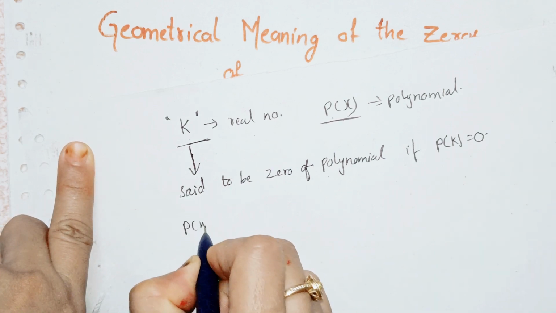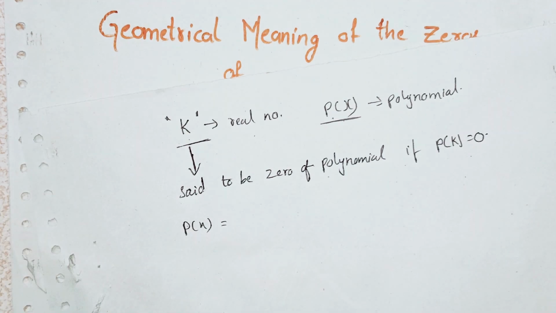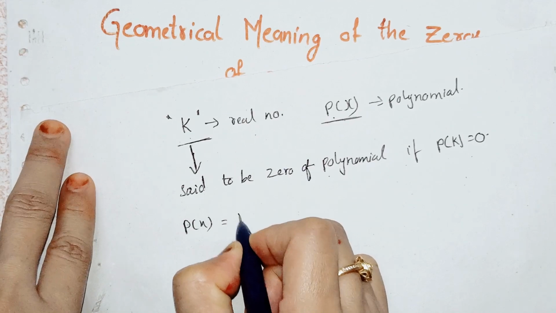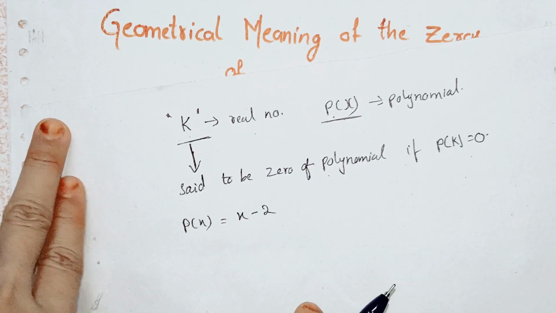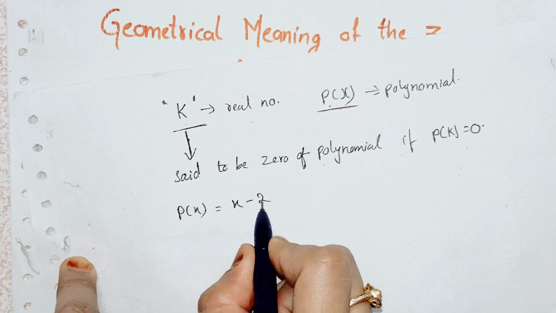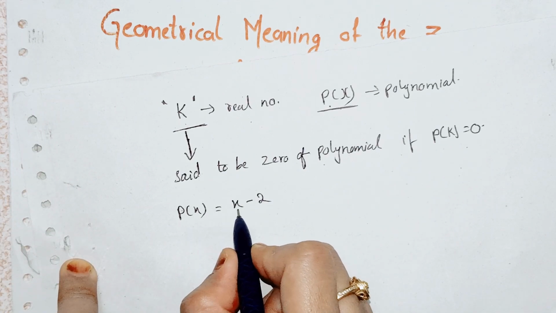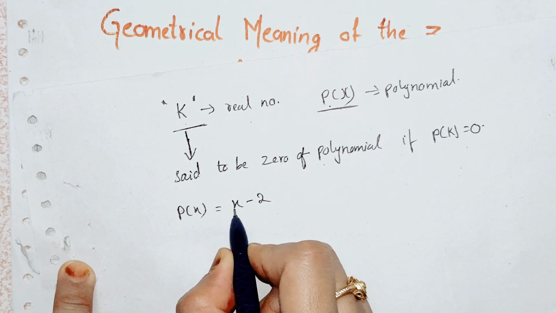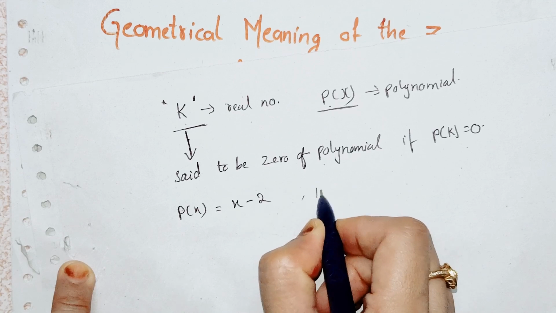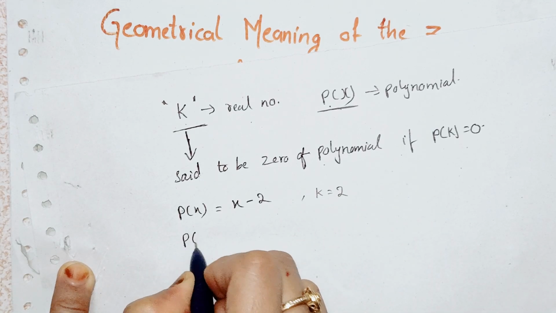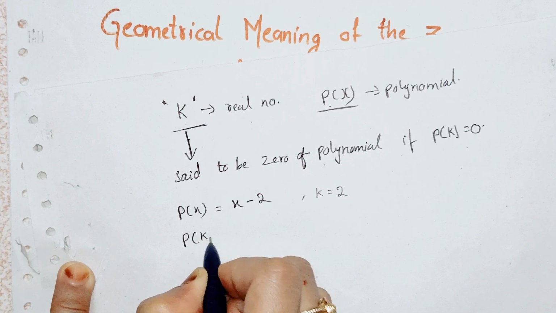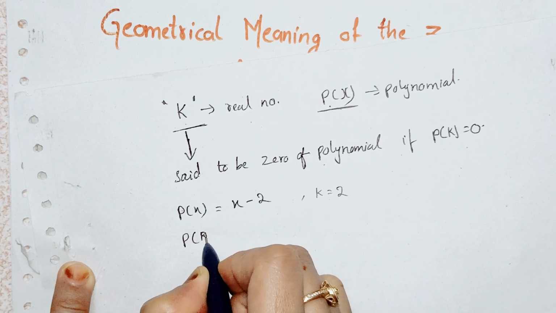Suppose you have a polynomial p of x equal to x minus 2. In this polynomial, I am going to substitute the x value here. Suppose I am taking k as 2. Then it will be p of k, p of 2.